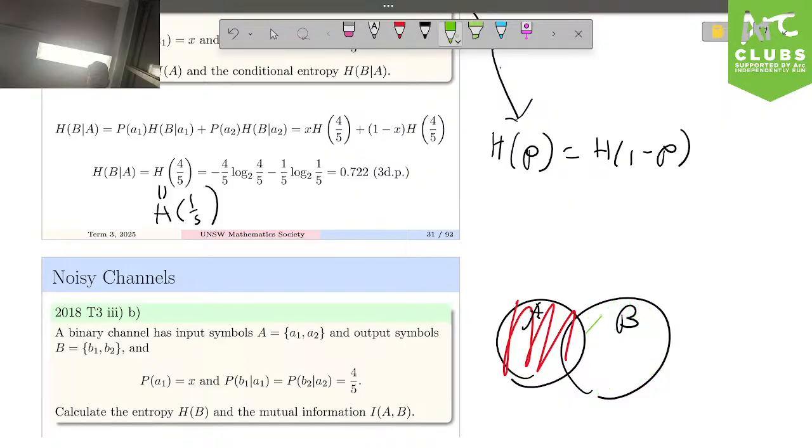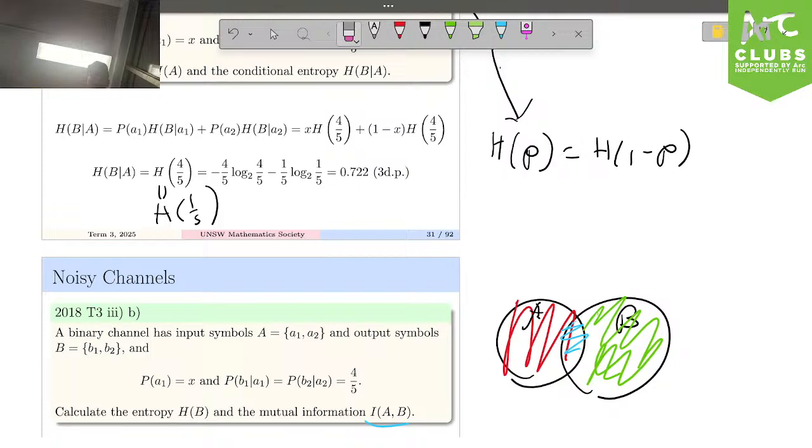What's left for us to compute is, effectively, this middle part, and I guess that would help us with computing H of B anyway.